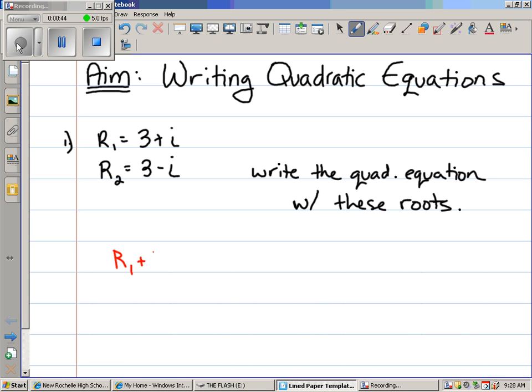R1 plus R2, right? What's the sum of the roots equal to? The sum of the roots is equal to negative b over a. I'm just writing it like this so you understand. The sum of the roots. What is 3 plus i plus 3 minus i?